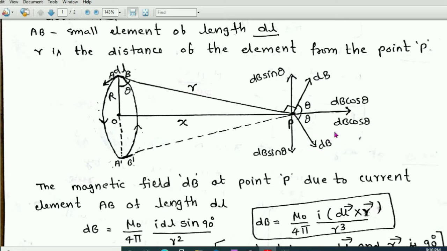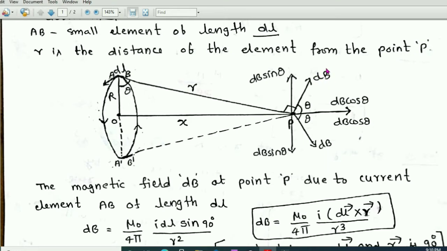Similarly, the dB which is the magnetic field produced by the length element A dash B dash is also perpendicular to this r. Now here the dB is making an angle theta. The dB can be resolved into components. Along the horizontal direction, the component of dB is dB cos theta. Along the vertical direction, the component of dB is dB sin theta.